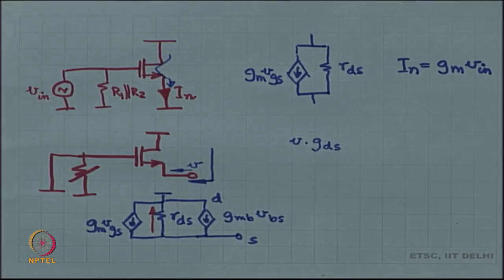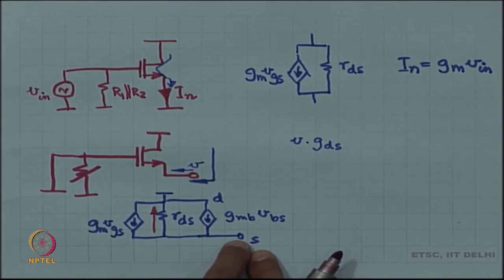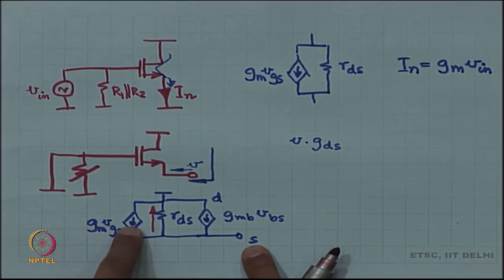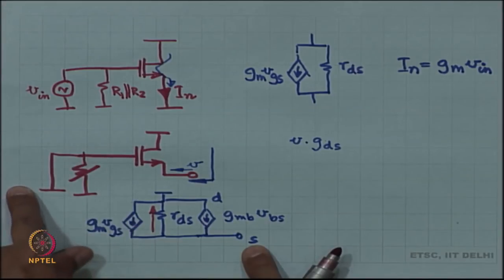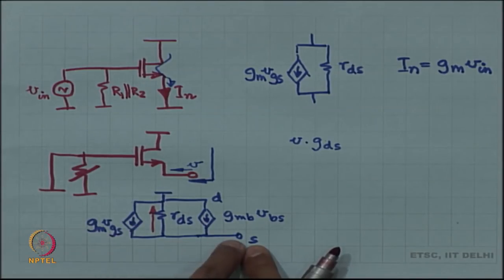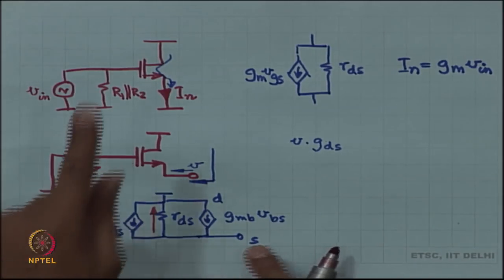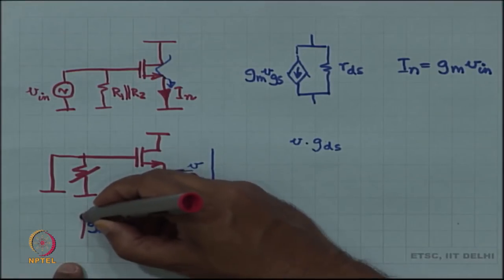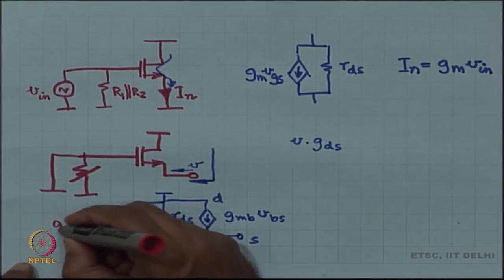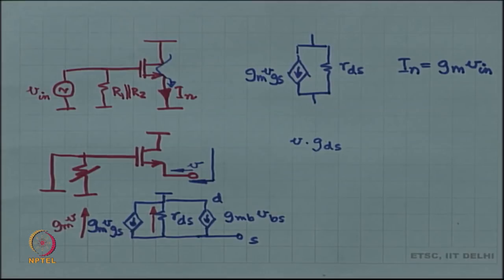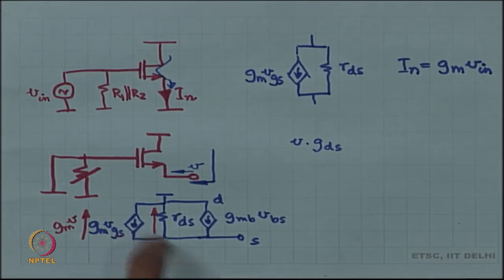So, I have applied a voltage V at the source, and I have already found out that the current in RDS is V times GDS. So, this current is already accounted for. Next, continue with the same exercise. I have applied V voltage over here. What is VGS? Gate is at ground. If I apply V voltage over here, VGS is minus V, which means GM times V current is going to go upwards, corresponding to this current source.